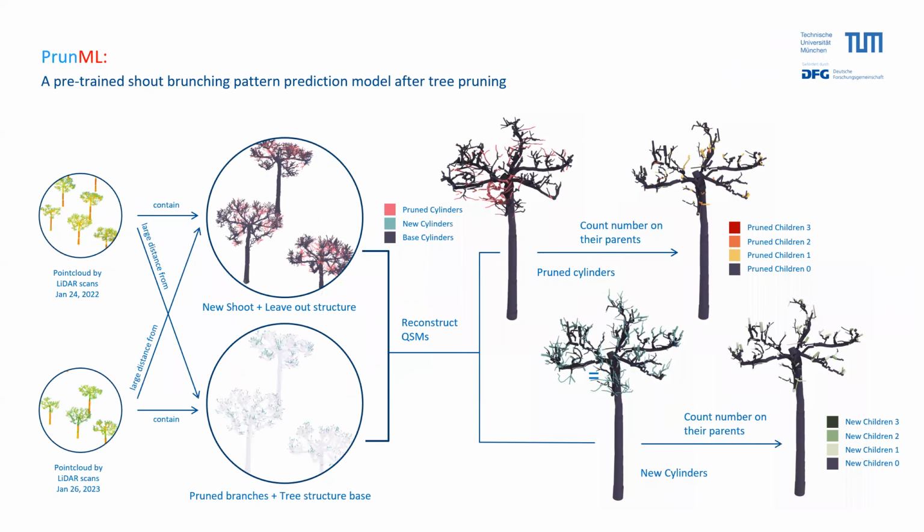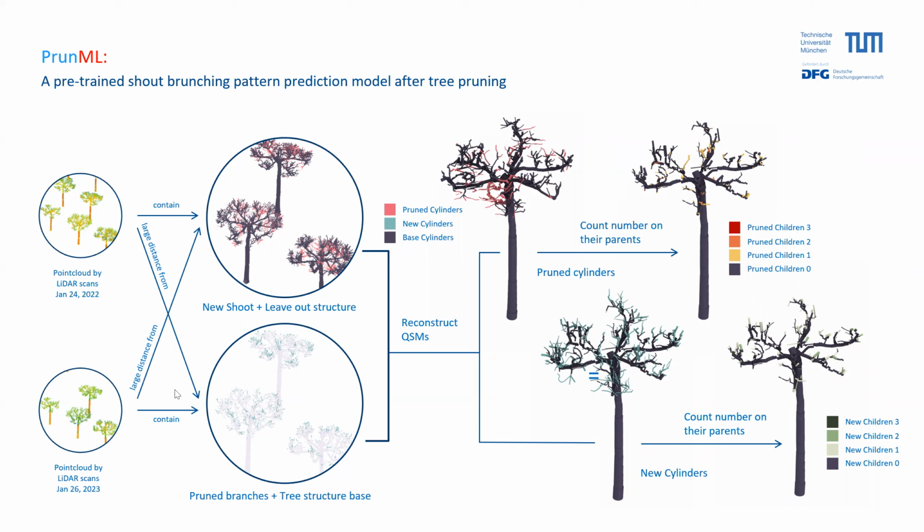The second tool is the prune ML, aimed at forecasting the shoot and branching pattern after tree pruning. The nursery prunes the branches every year, which provides us a good opportunity to track the pruning manipulation. As shown on the left side here, we scanned these trees in 2 years with a TLS scanner.